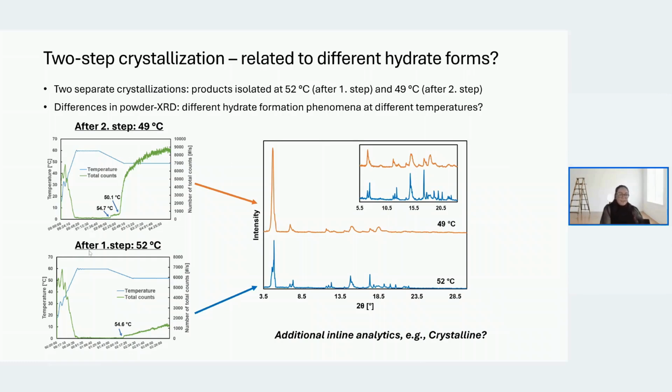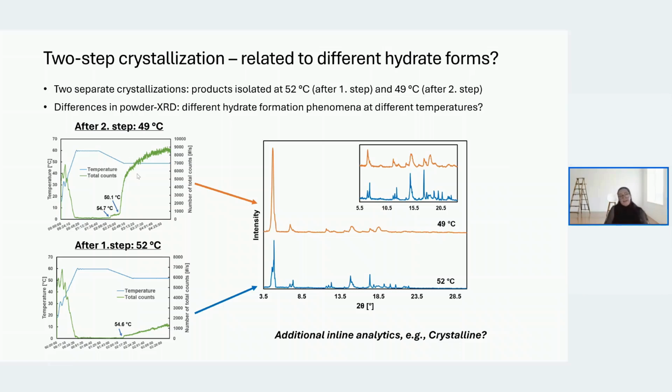You can see on the left-hand side how the FBRM counts were developing in these crystallization experiments. We isolated the products and compared their behavior in powder XRD. We observed that there are some differences between these two materials. That led us to think that there may be a certain hydrate form crystallizing out at that particular temperature.